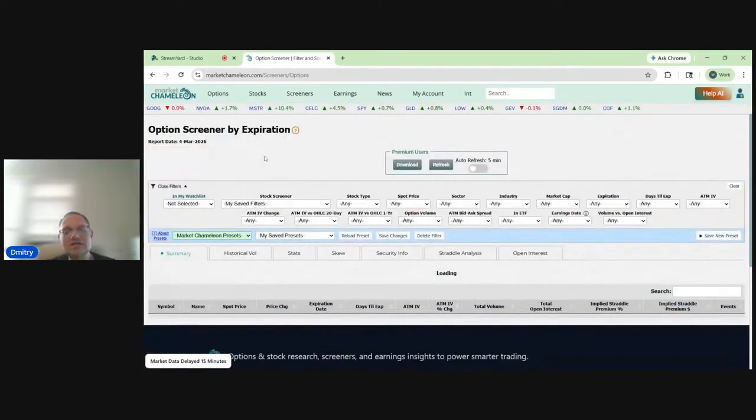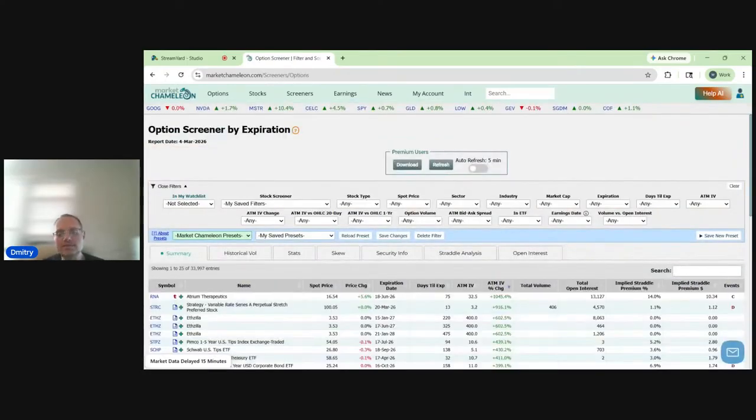Okay. So here, what we have is a screener, and this analyzes the options by the specific expiration. So it breaks it down by its expirations with related data.